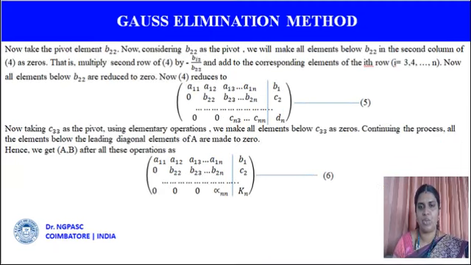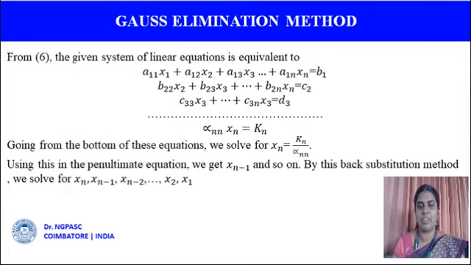So that is what they have done here. The matrix 6 is your upper triangular matrix. After finding your upper triangular matrix, you have to use the back substitution method and rewrite the equations and find all the unknown values. See an example relating to the Gauss elimination method.